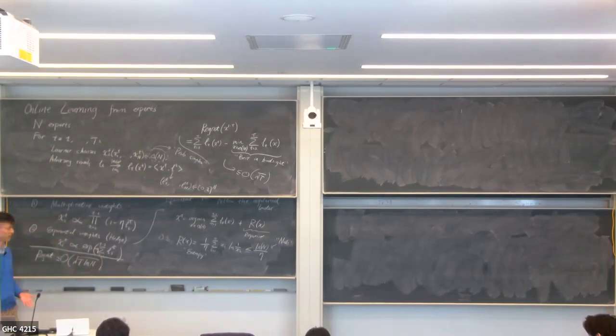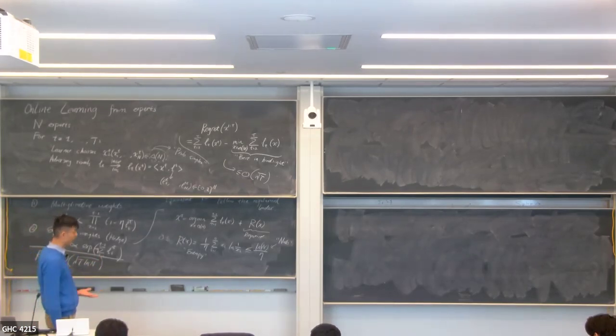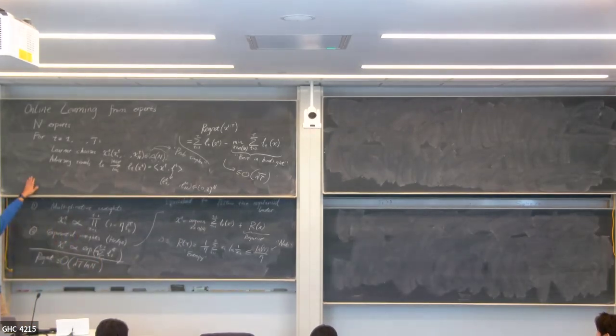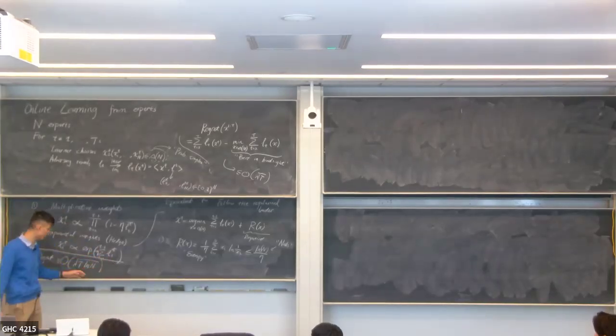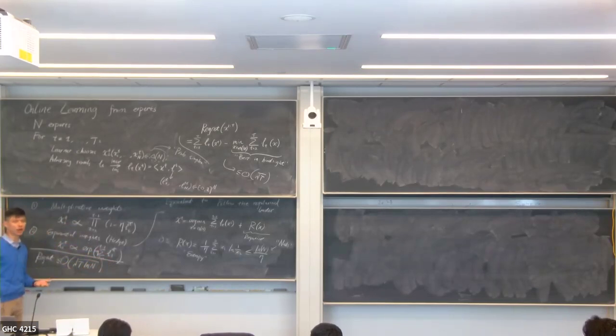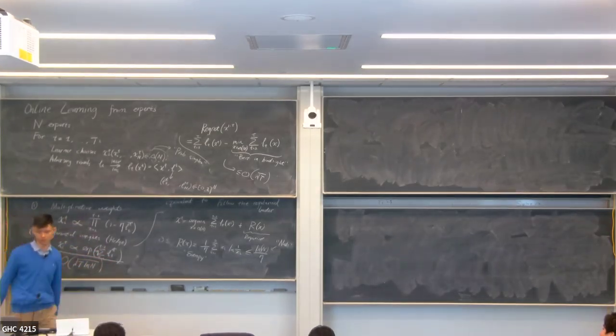Maybe you won't exactly remember why it works, but when someone presents you a problem like this, maybe you don't exactly know the details of the algorithms, although they're pretty simple to remember. You should be confident to say that, actually, I'm pretty sure there are algorithms that ensure the regret only grows at a rate of root t, with a dependence on the number of experts of log n. Okay, so that's the takeaway I want you to carry on for the next few lectures.